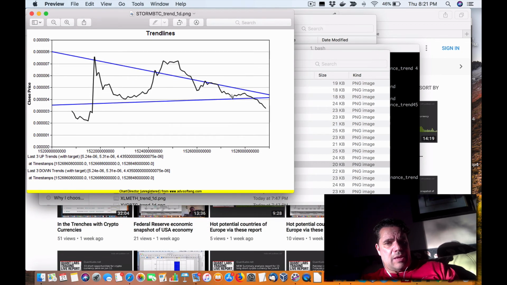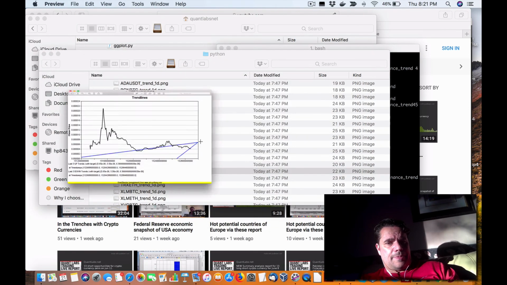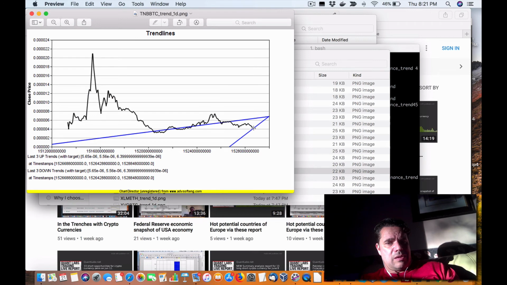So you got 1, 2. That's definitely not a minimum because it has to bounce off it. So that one again is tough to say, but this is definitely a wedge of some kind. So it just broke through the lower part.